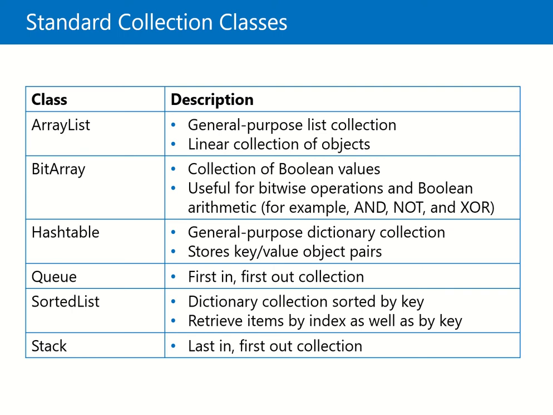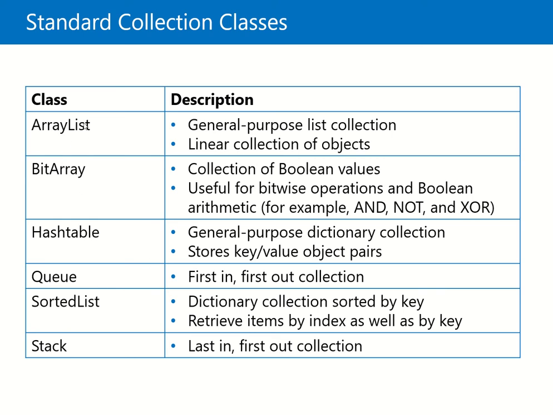Now the standard collection classes are as follows. In order for you to use these, you use the classes in the system.collections namespace. So at the start of your coding, you have to write using system.collections. Using this namespace, you can use the collections as follows.